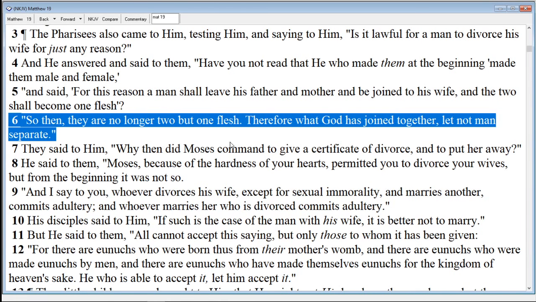What God has joined together, let not man separate. Rob makes the point here in the chat. He says, that implies the idea of no divorce. Well, that was there from the beginning, but at the same time, Jesus is making it very clear. Jesus is making this the idea of something that can't be changed.